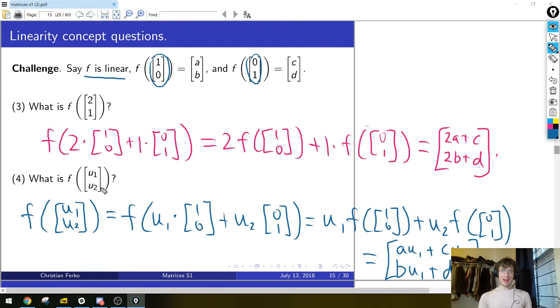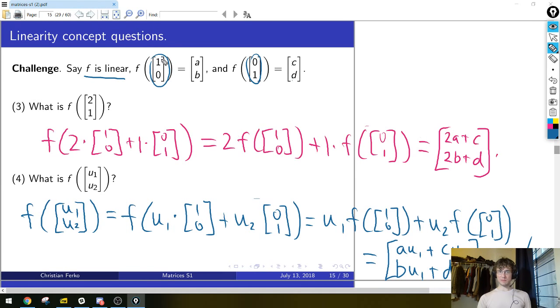Then any output of that function, f of (u1, u2), for absolutely any u1 and u2, is completely determined. We know the answer in terms of those a, b, c, and d, right? If I hand you any u1 and u2, and you know a, b, c, and d, you know what the output of this function must be. You just write down au1 plus cu2 and bu1 plus du2.